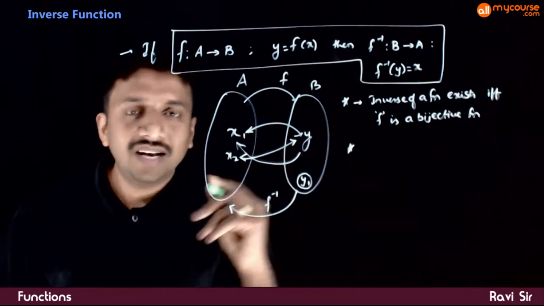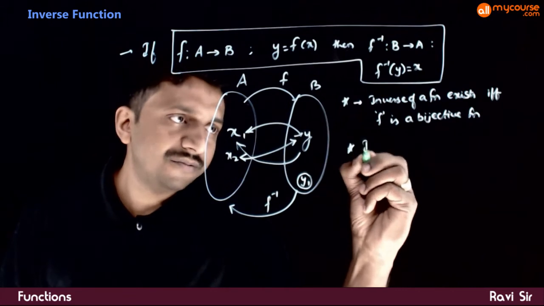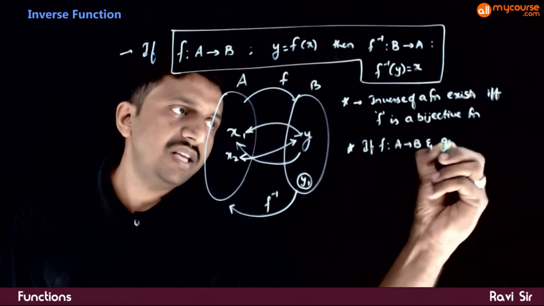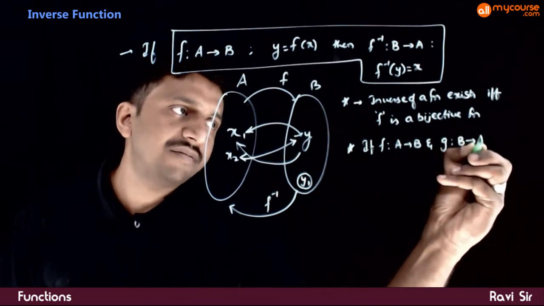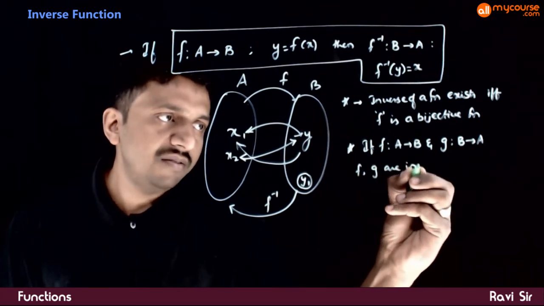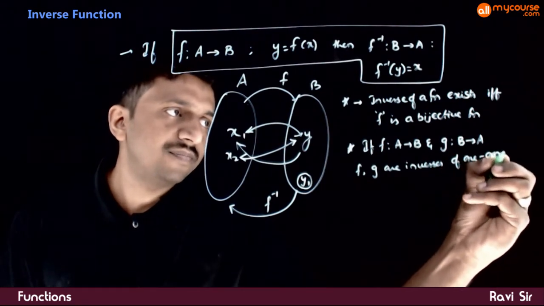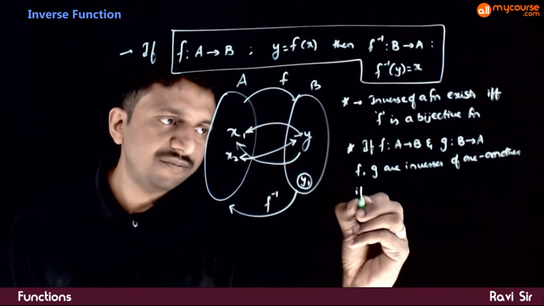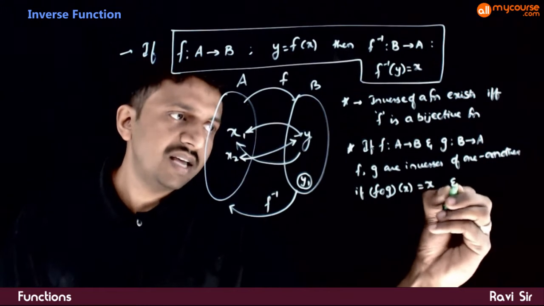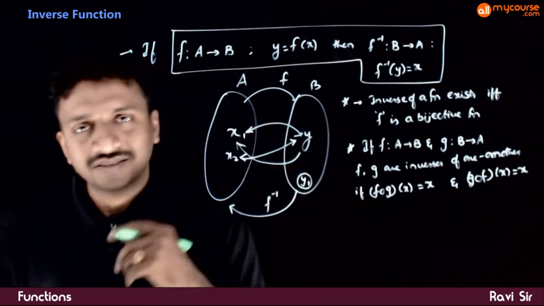And there is another definition for inverse function. So if f is a function defined from A to B and g is a function defined back from B to A, f comma g are inverses of one another if FOG of x is equal to x and GOF of x is also equal to x.